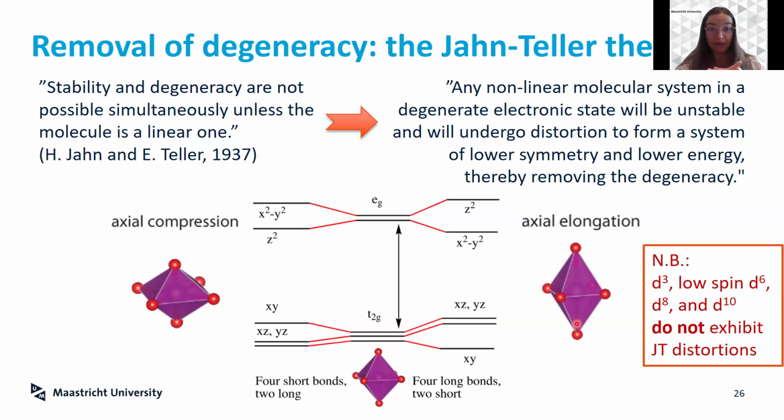Depending on whether you elongate on the z or you compress on the z, you split the options of what you have. Since not all the bonds are equal anymore, you cannot fill evenly both the z square and the base. You need to split the orbitals. You can see that this split is tiny, but it is still present.